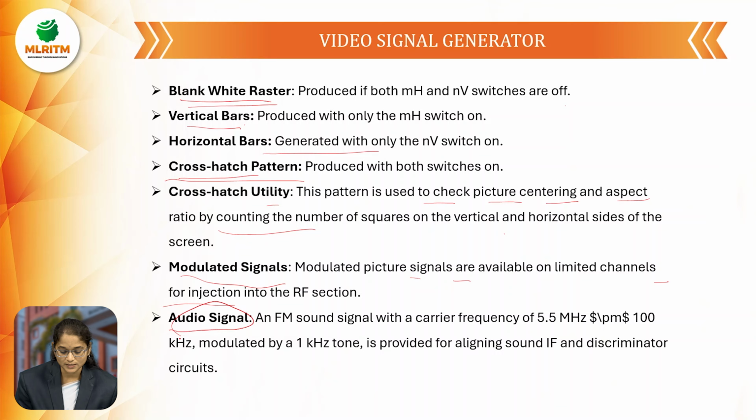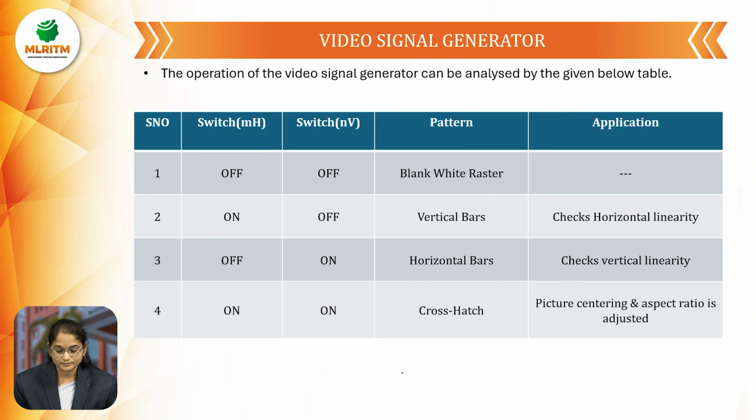What is the audio signal? An FM sound signal with the carrier frequency. We use the 5.5 megahertz frequency and 100 kilohertz deviation, modulated by the 1 kilohertz tone, and it is provided to the aligned sound IF and discriminator circuit.